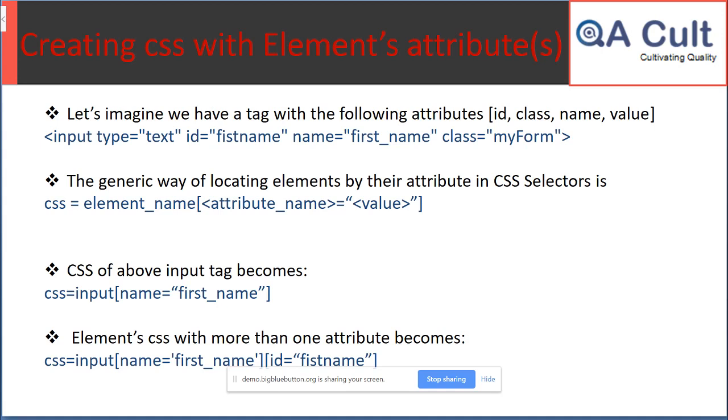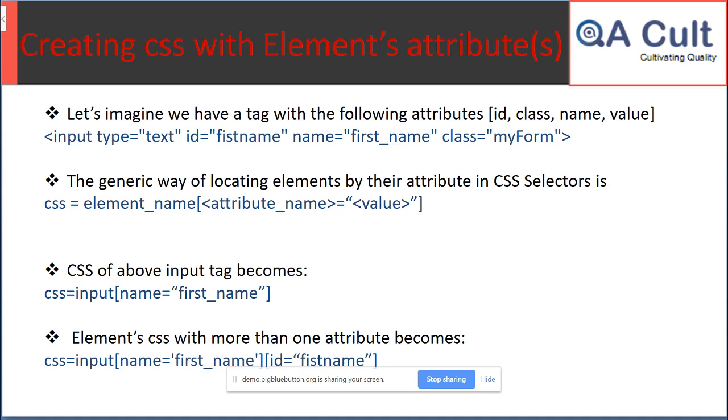Then the CSS can be created with the element tag name, and then in the square braces the attribute name and its value in double quotes. Of course, it can also be in single quotes. And then the CSS of the above input tag becomes input, and then name is equal to first name in the square braces.